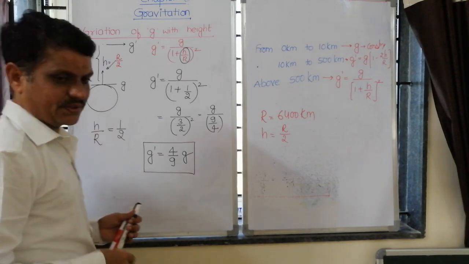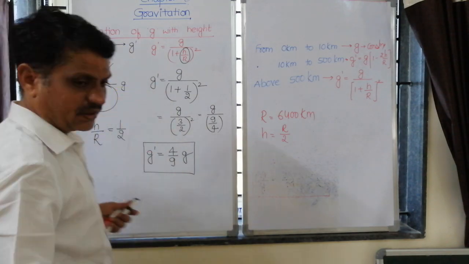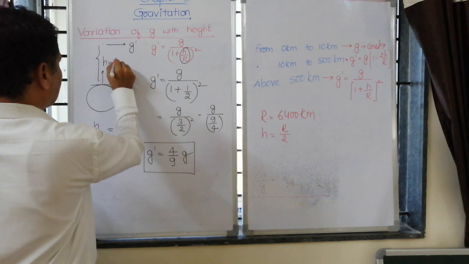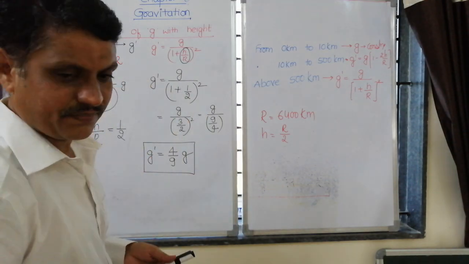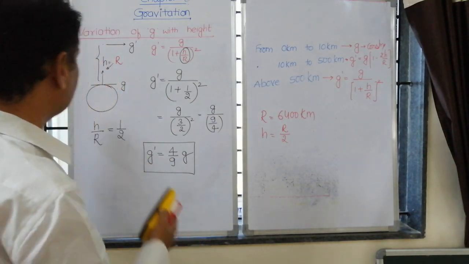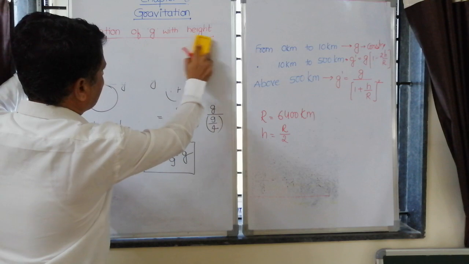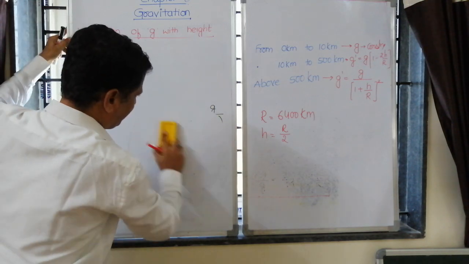Okay, next homework. If H is equal to R, this question you can find in every book. If H is equal to R, then what is G? That you can calculate. Now, later, based on this heading, we have another level 2 kind of question. This is level 1 type.